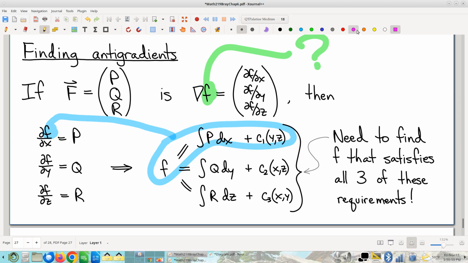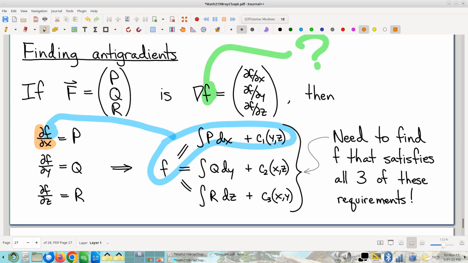And here's the thing, when you do that x partial, the x partial of this term will give you the p, and the x partial of this term gives you 0. In other words, it doesn't matter, because the x partial of a function that doesn't have any x's in it is going to be 0.